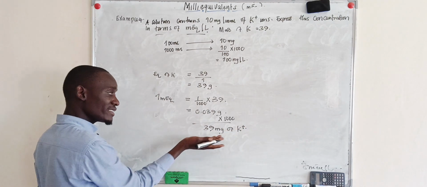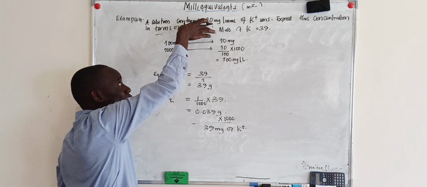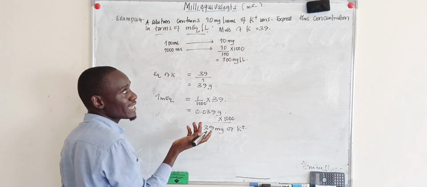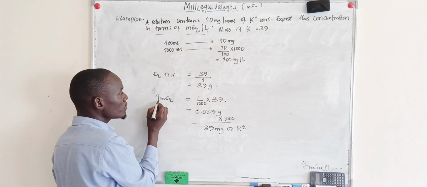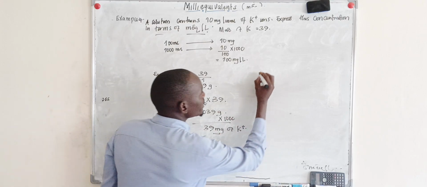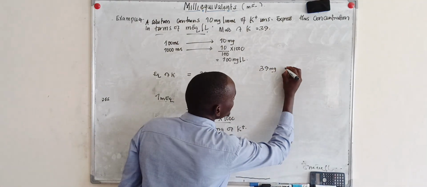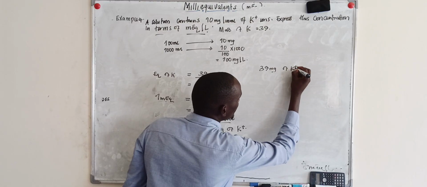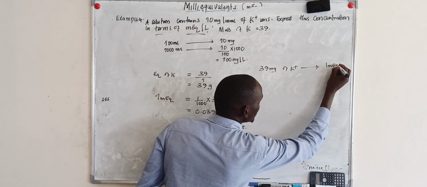So this is not the answer. Our main aim is to ascertain how many milliequivalents are in a liter, but we know this is the mass which is in 1 liter. We have the relationship between milliequivalent and milligrams, so we shall say 39 milligrams of potassium contains 1 milliequivalent.